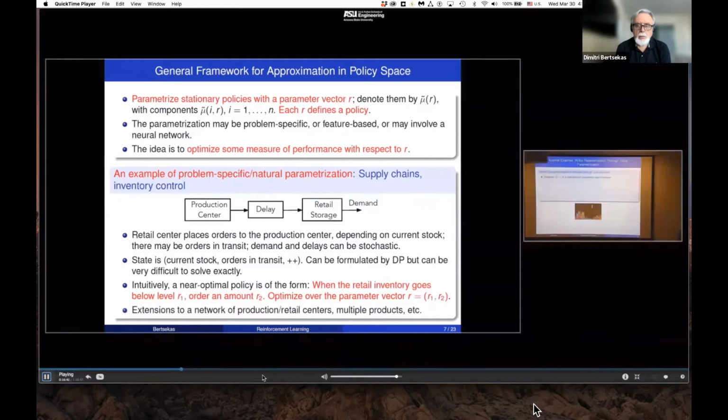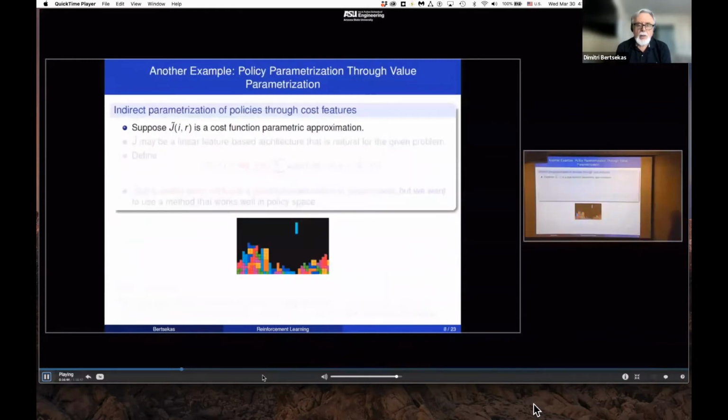Okay, here's another example. Policy parametrization through value parametrization. You may know good cost features. So you may have a linear architecture using these features for cost parametrization.